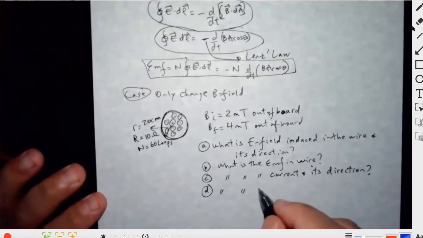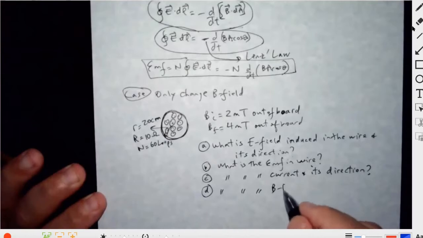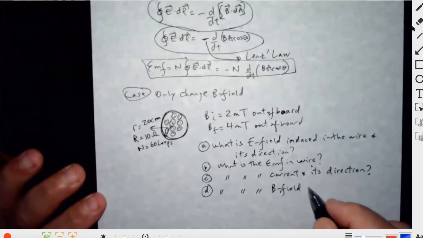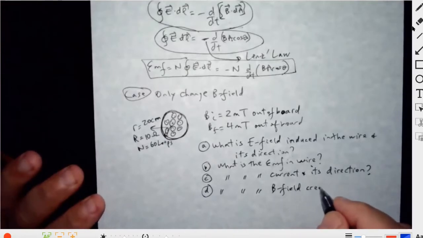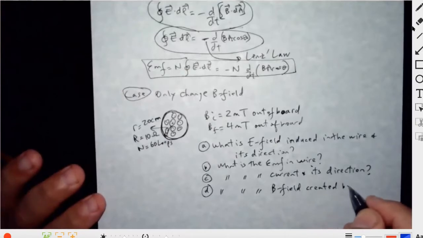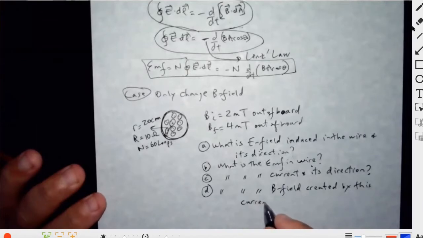What is the magnetic field created by this current, and its direction?